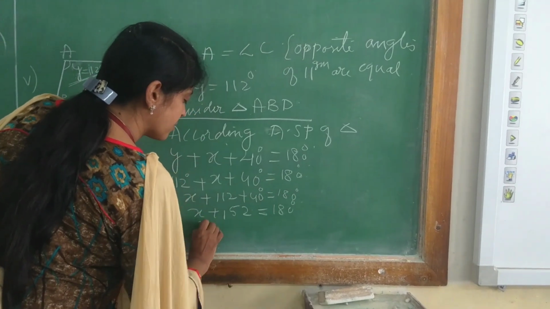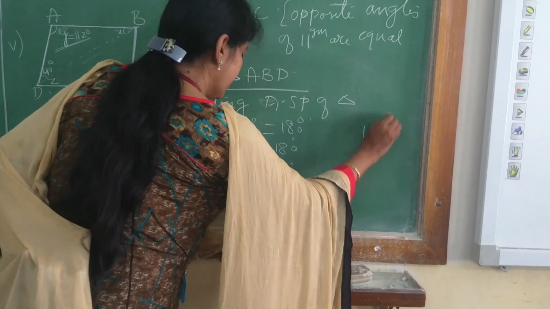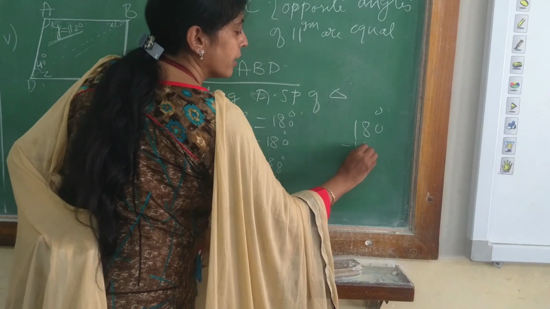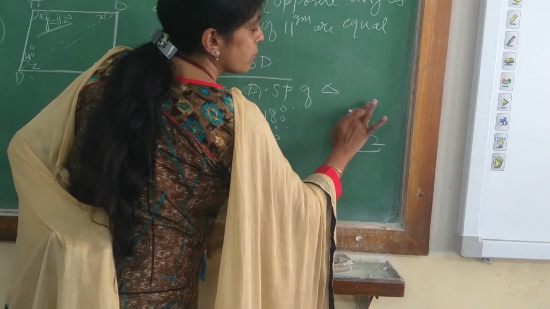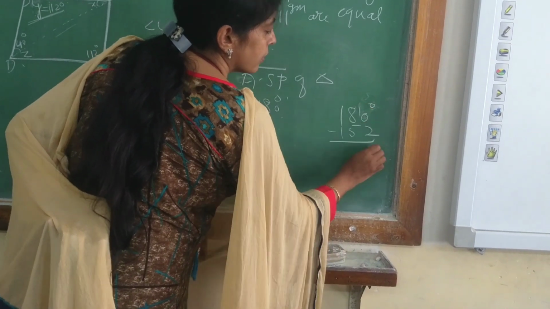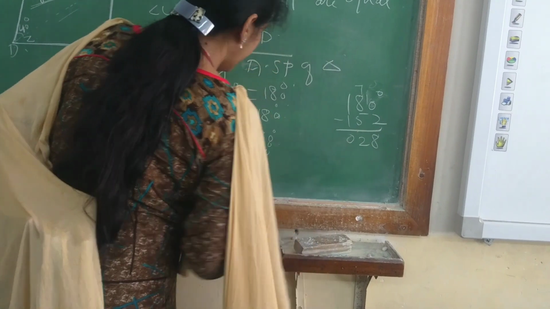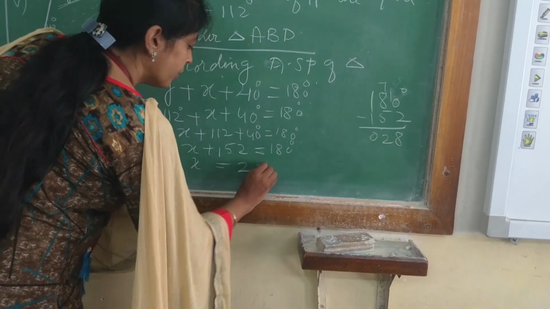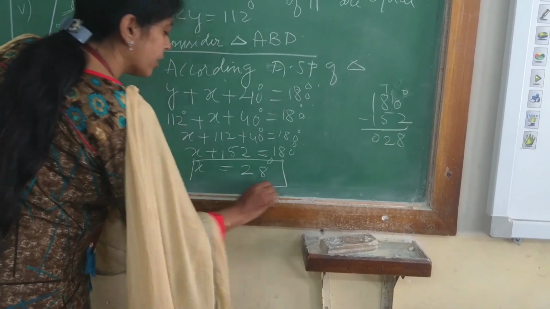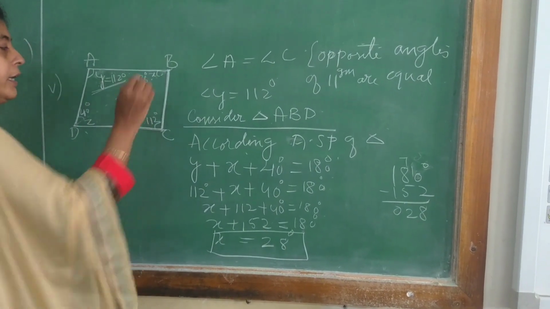So I will transpose this. I will get 180 minus 152 gives you 28 degrees. So this is equal to the angle X. We found it to be how much? 28 degrees.